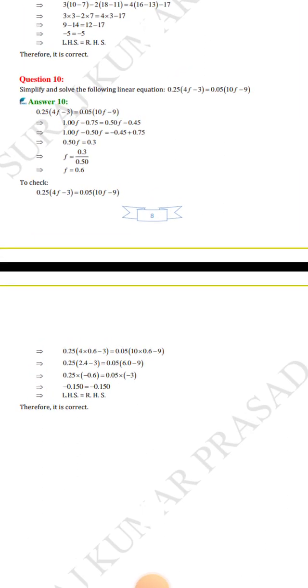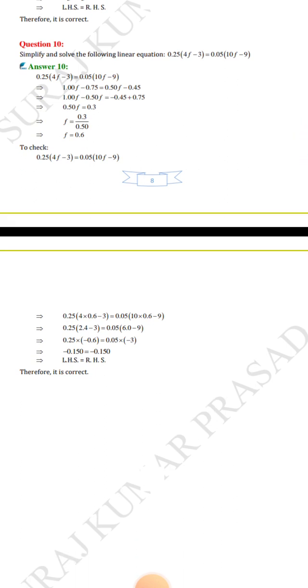Question number 10. Simplify and solve the following linear equations. 0.25 of 4f minus 3 equals 0.05 of 10f minus 9. Then we get 1.00f minus 0.75 equals 0.50f minus 0.45.